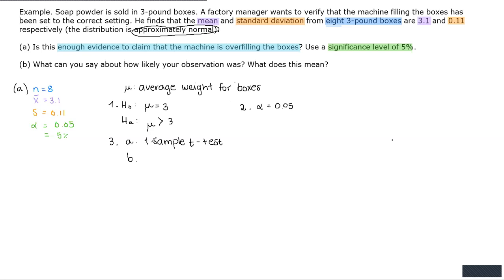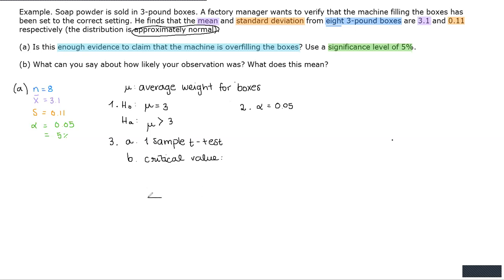So we're going to have to find the critical value. The critical value is going to be the value that separates what's usual from what's extreme, right?